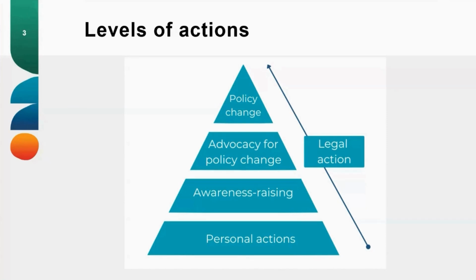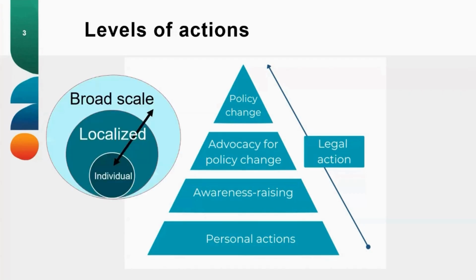The decision to take action is personal, and it can depend on many factors, including time, level of interest, personal safety, and ability to make change within communities. In addition to occurring at different levels, actions can have different scales and scopes. Broad-scale actions can take place across a society or in many different sites. These are often the starting point for other types of actions.